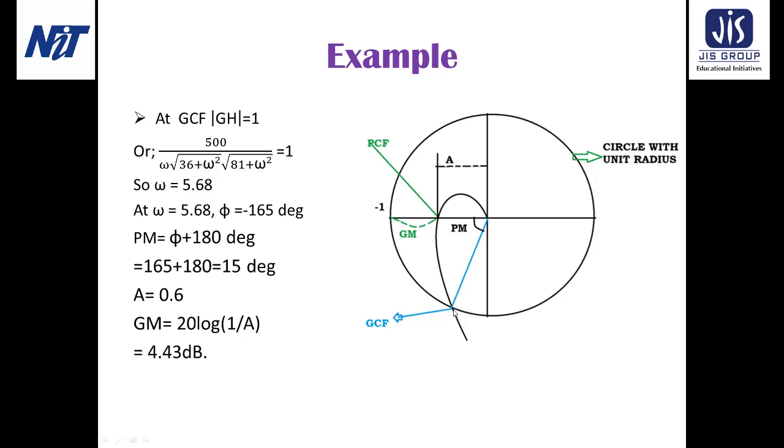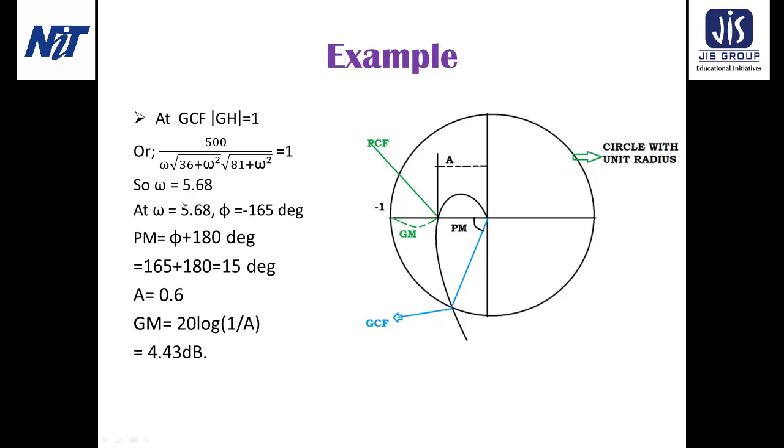That means at this point mod of GH is equal to 1. So we put mod of GH equal to 1, and solving this equation, omega becomes 5.68.